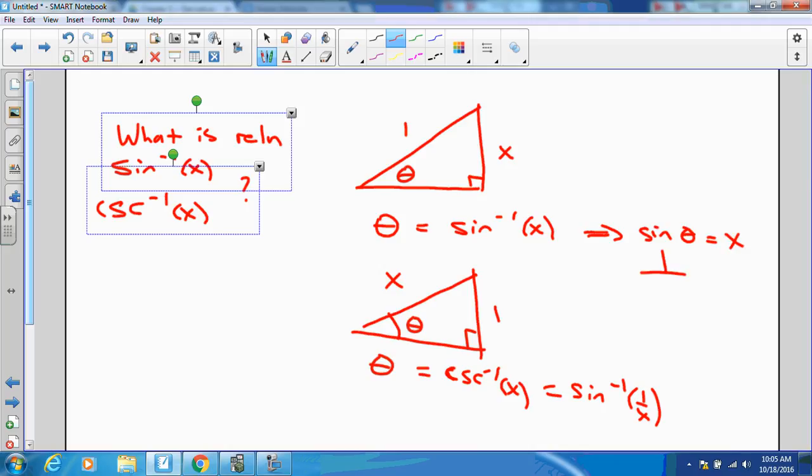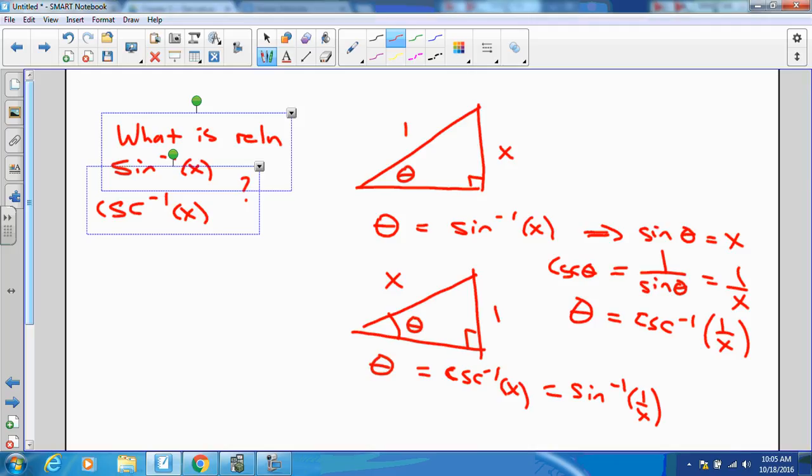We could solve those sides for sine theta equals x. And we could observe that cosecant theta is equal to 1 over x, so that theta is the inverse cosecant of 1 over x, just like that, or vice versa.